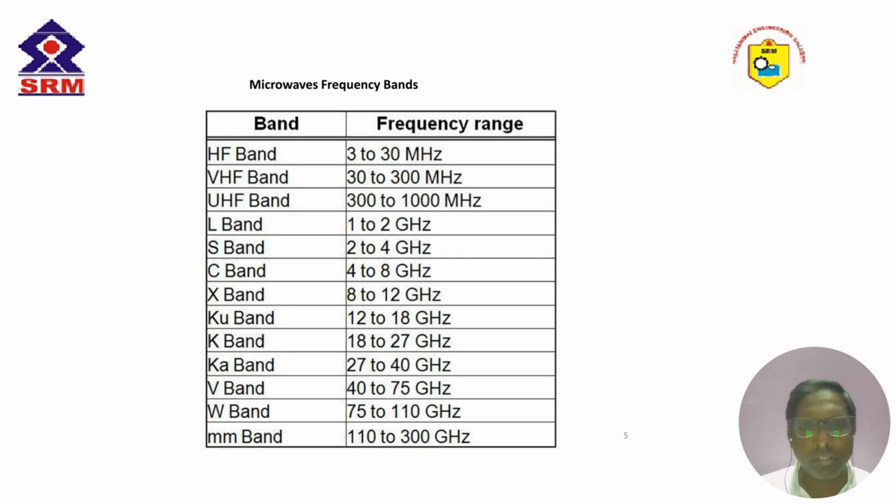Similarly, 2 to 4 gigahertz is the S band. 4 to 8 gigahertz is the C band, and 8 to 12 gigahertz is the X band. 12 to 18 gigahertz is the Q band, and 18 to 27 gigahertz is the K band. 27 to 40 gigahertz is the Ka band. 40 to 75 gigahertz is the V band. 75 to 110 gigahertz is the W band. Finally, 110 to 300 gigahertz is called the millimeter band.